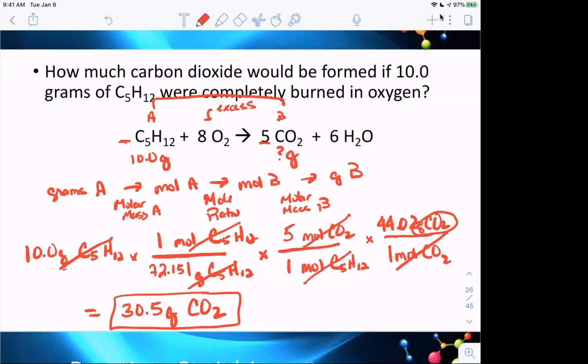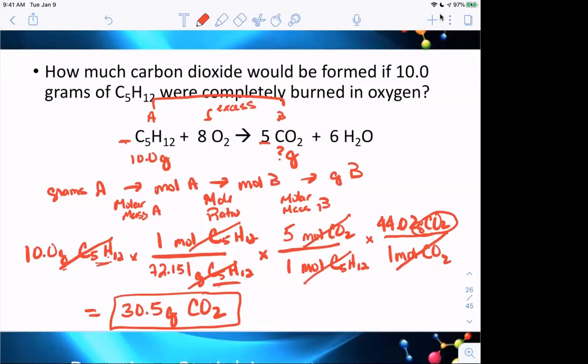So this is stoichiometry. It's useful when I go from grams to moles to moles to grams because those are quantities I can measure. When you show your work, I want you to show grams of what substance. Grams of C5H12 can only cancel with grams of C5H12.